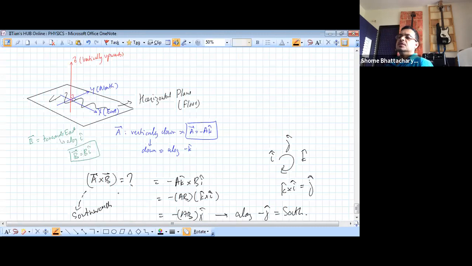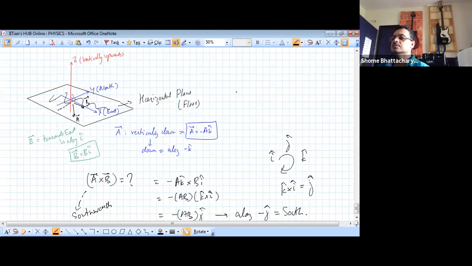That's one way. The other way is you can use your right hand thumb rule. So to calculate A cross B, in this diagram you can see A is like this, it's pointing into the plane, and B is like this, is pointing eastwards. So A cross B will point along this direction.